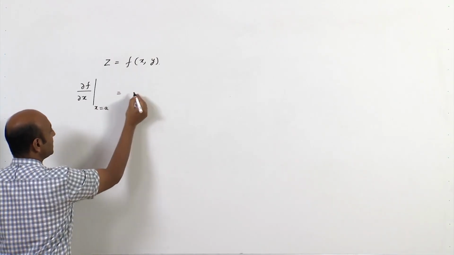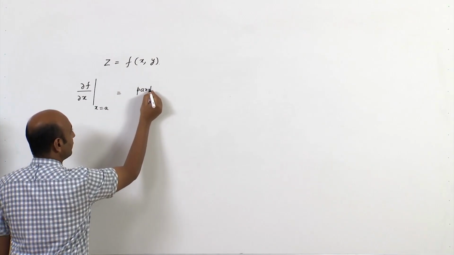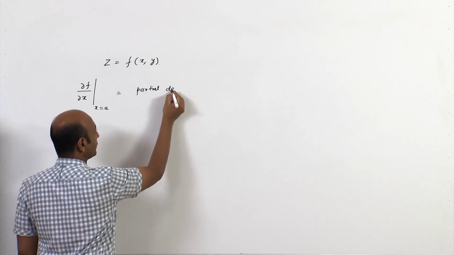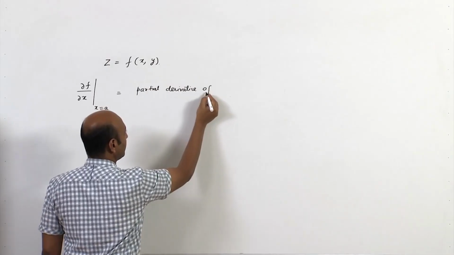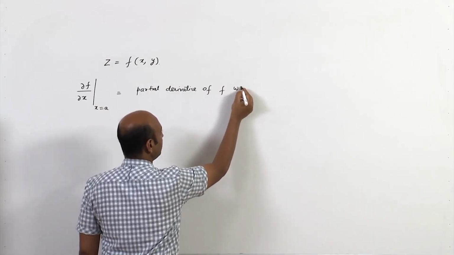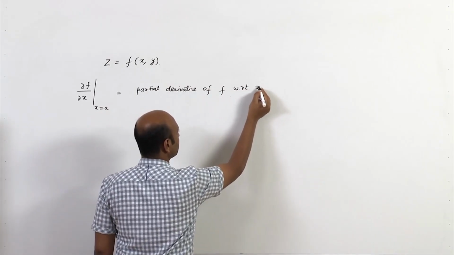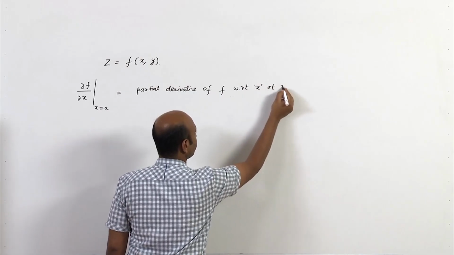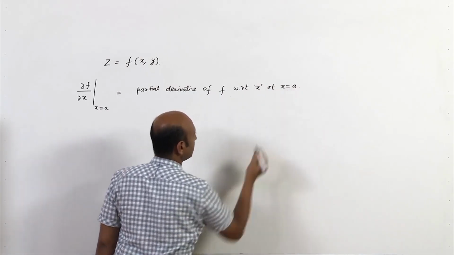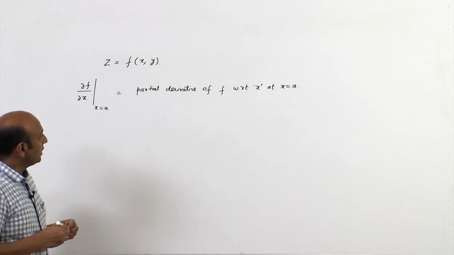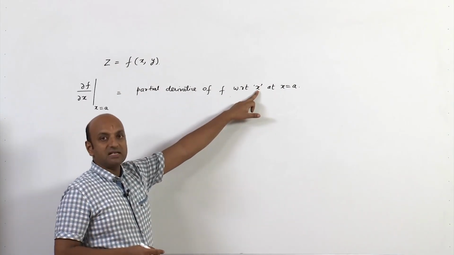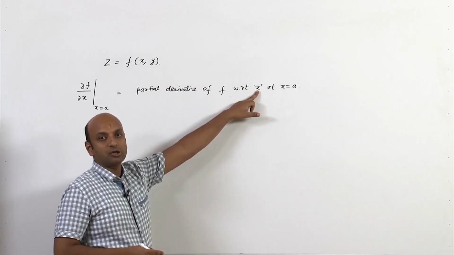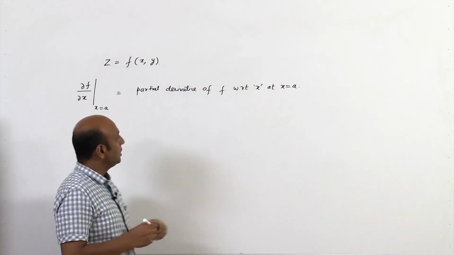So what does it mean? It is the partial derivative of f with respect to x at x equal to a. Now, when we deal with the partial derivative of f with respect to x, that means we are treating all other variables as constant.